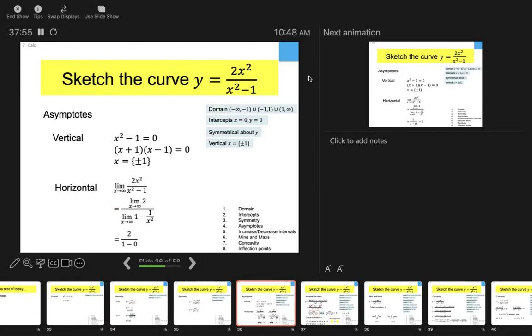Now that's the limit on the right, at infinity. Now we've got to look at it on the other side. What's going to literally change? Nothing.